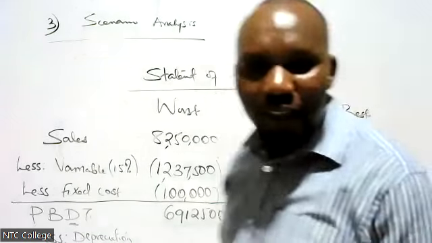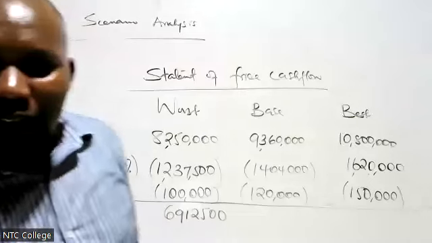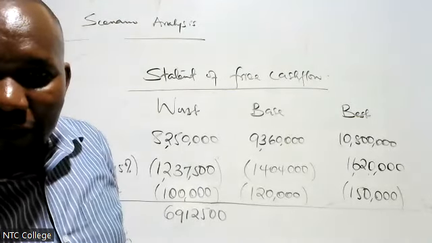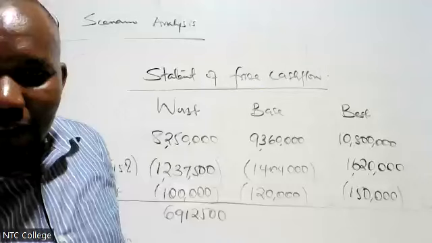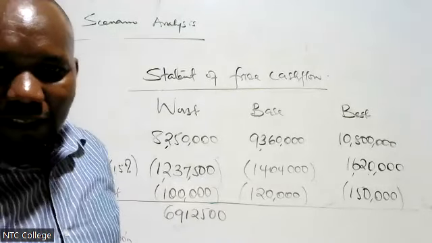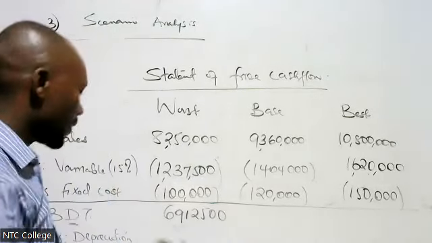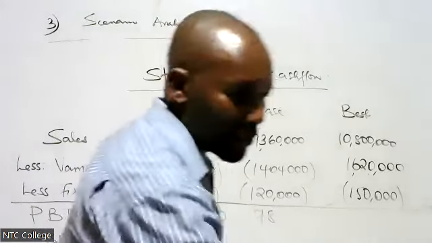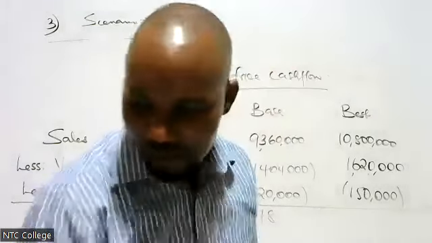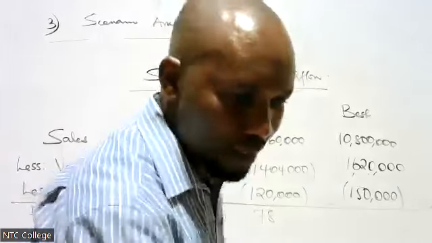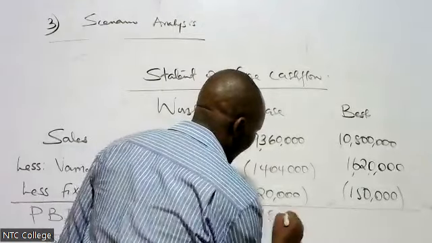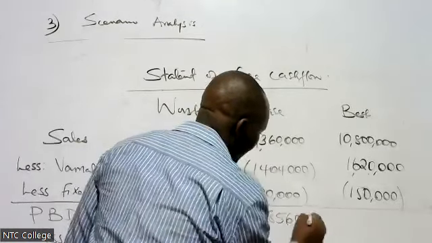So the next one is 70. I'll confirm the figure. Somebody was giving me a wrong figure, 79. So it should be 78,56, 78,56,000.